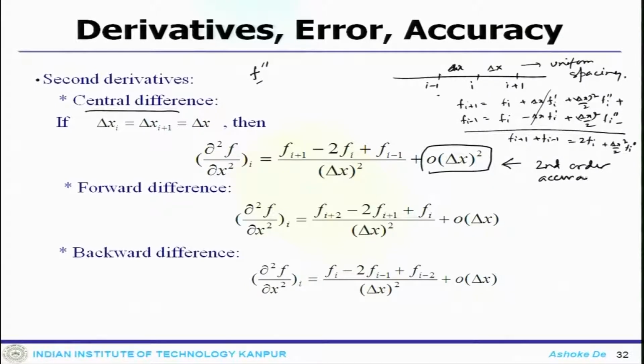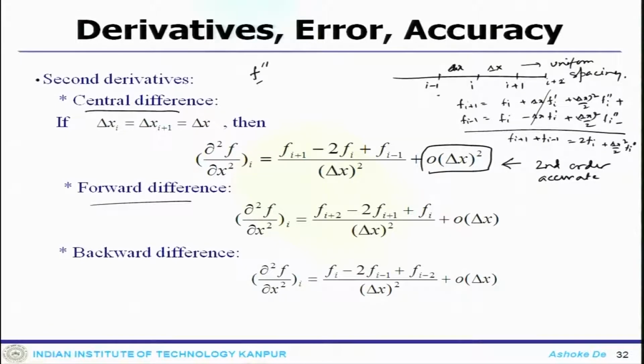accurate. But at the same time, if you use this 3 point stencil to capture the forward difference, you use not only I plus 1 and I minus 1, you use 1 point ahead of it, I plus 2.